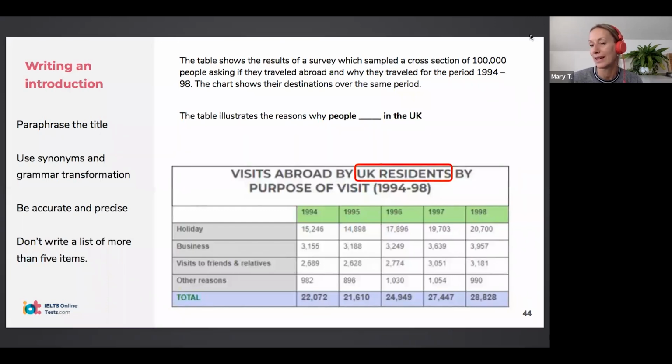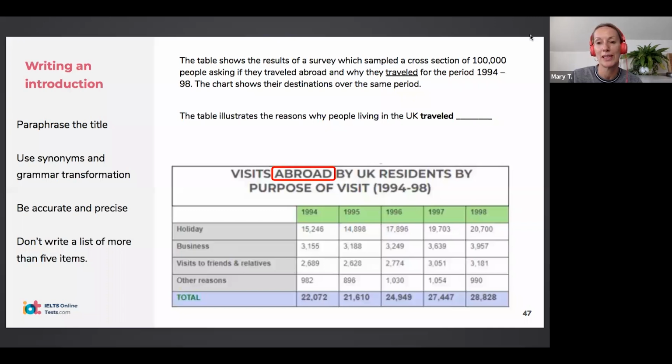So you need to make that clear. So people reside, it could be residing, also living. Okay, living in the UK. So why people living in the UK travelled, another word for, yeah, that's right.